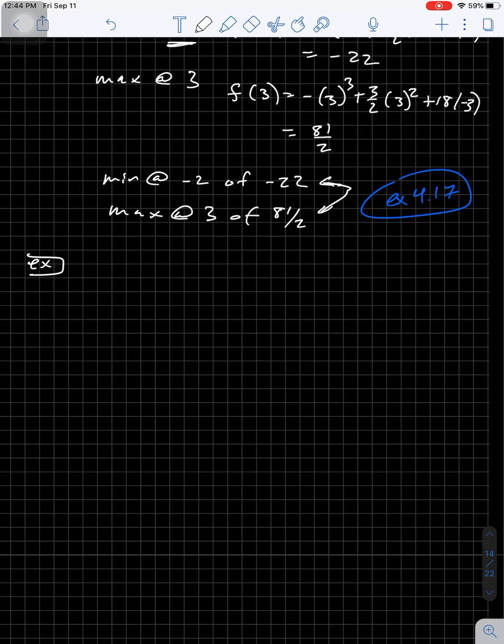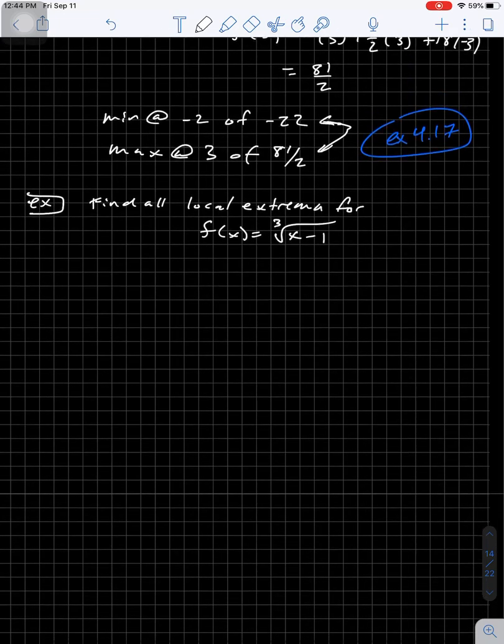I'm going to do one more of these before we go to the second derivative test. So find all local extrema for f of x equals the cube root of x minus 1.